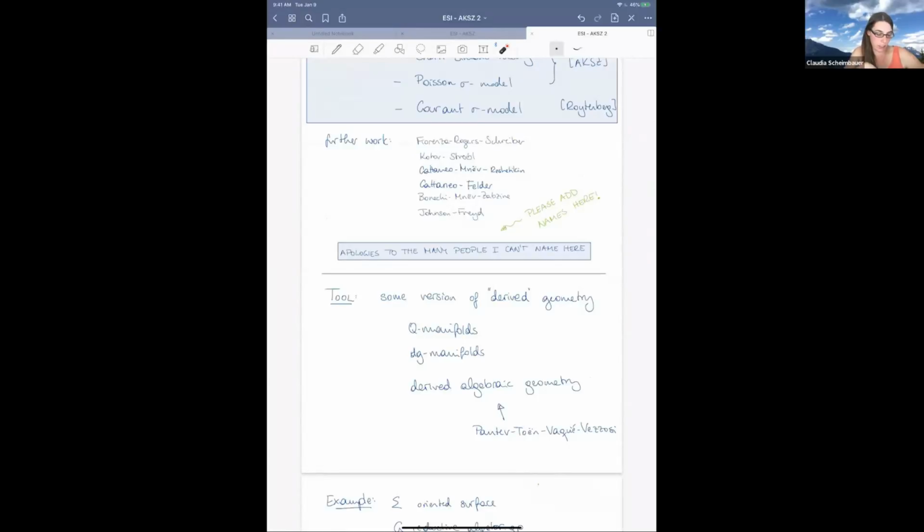But of course, here we are really using derived algebraic geometry and not derived differential geometry. That's also why I said at the very end that it should be adaptable as soon as we have a good, consistent theory of derived smooth stacks. And of course, there are many things that go in that direction.